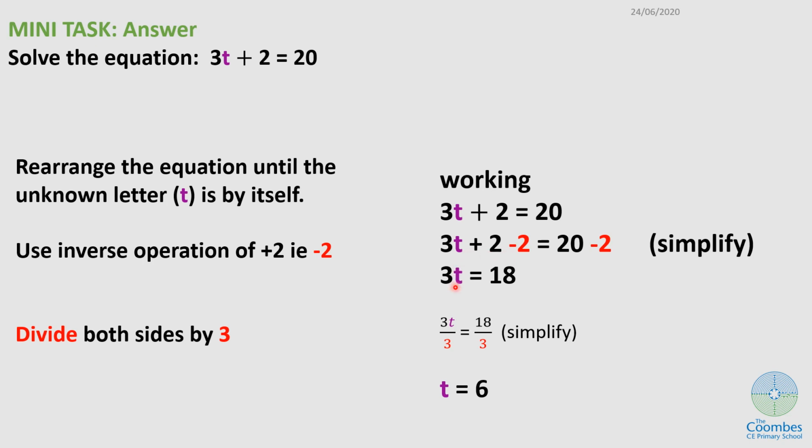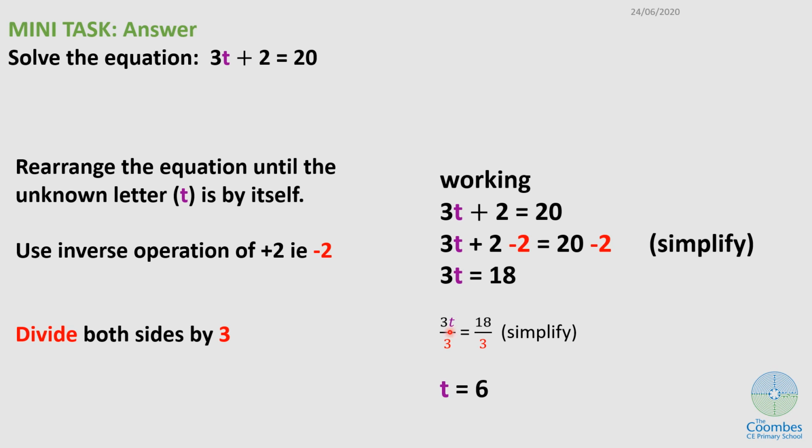So 3t equals 18. Now my next thing, 3t I know is the same as 3 times t. So there's a multiplication that is used there. The inverse of multiplication is division. So I'll do 3t and then introduce the inverse, which is divide by 3.